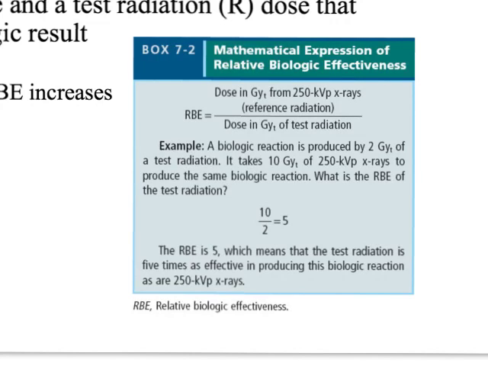So in this case, we've said 2 gray of a test radiation produces some kind of biologic reaction. It takes 10 gray of the X-rays to do the same thing. And so when I divide the 10 gray of the X-rays by the 2 gray of the test radiation, I have an RBE of 5 that results. So that means that basically this test radiation is like 5 times the strength of my X-rays.